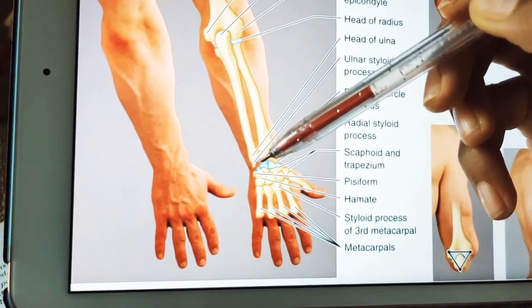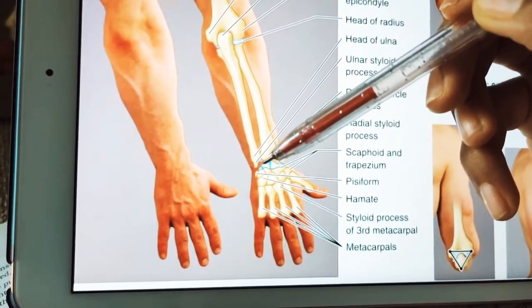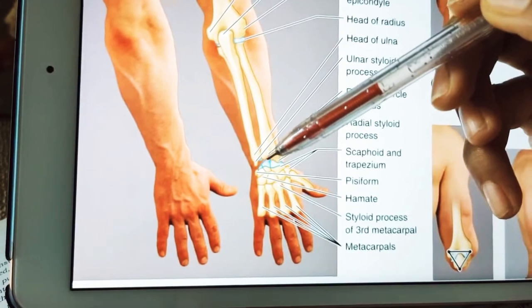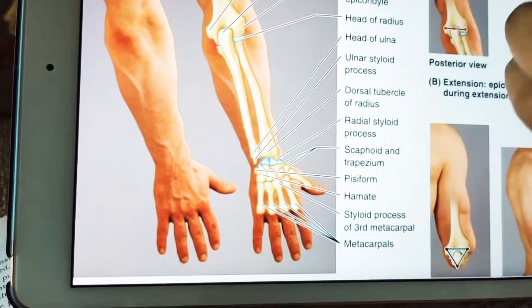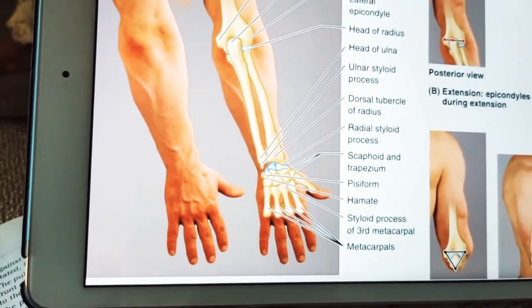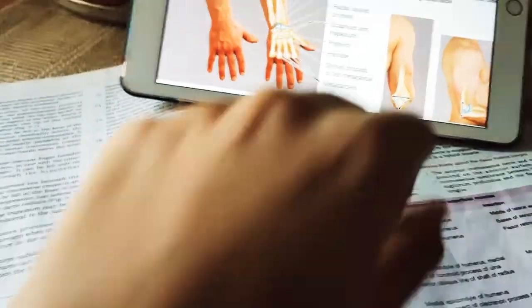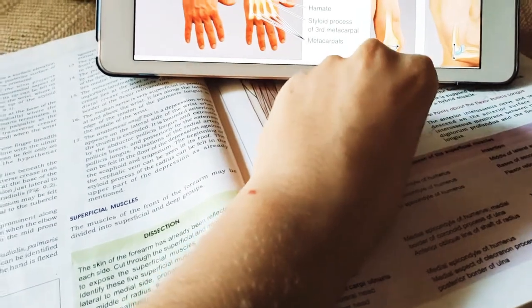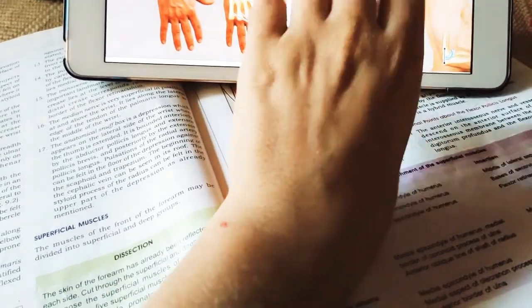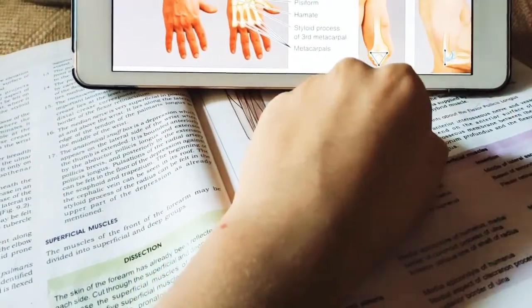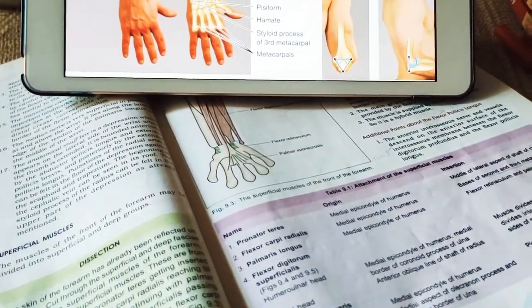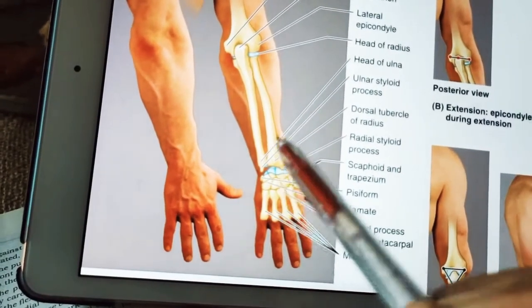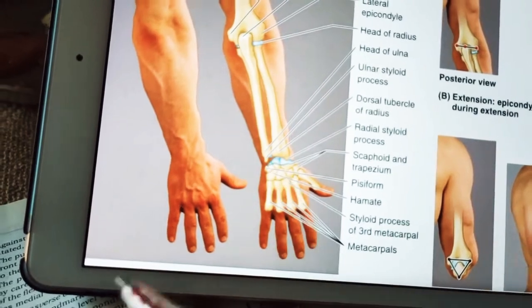And the head of ulna forms a surface elevation on the medial part of posterior surface of wrist when hand is pronated. So I will show that point. So this point, as I darken it, that point is where you can feel the head of ulna on the posterior side of your hand. So exactly over here you can feel the head of ulna.